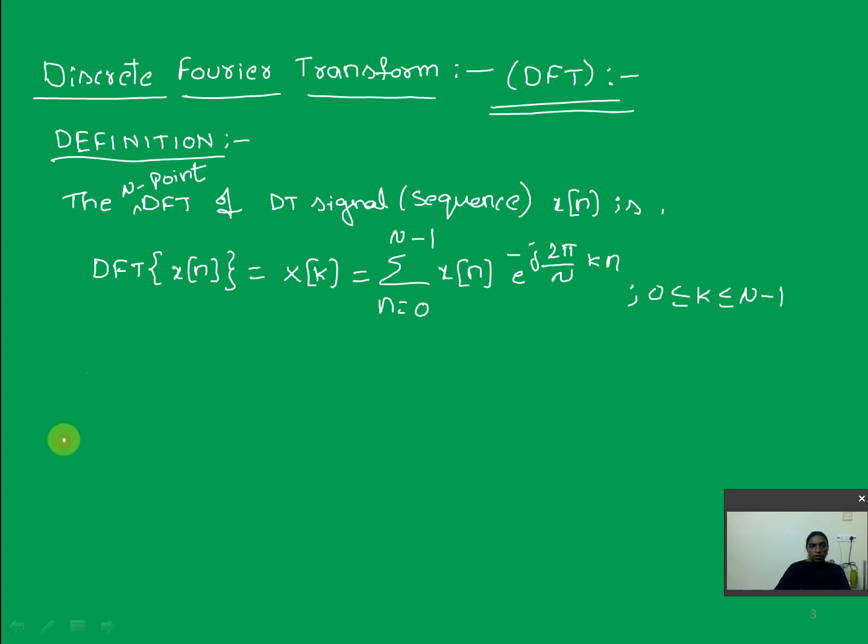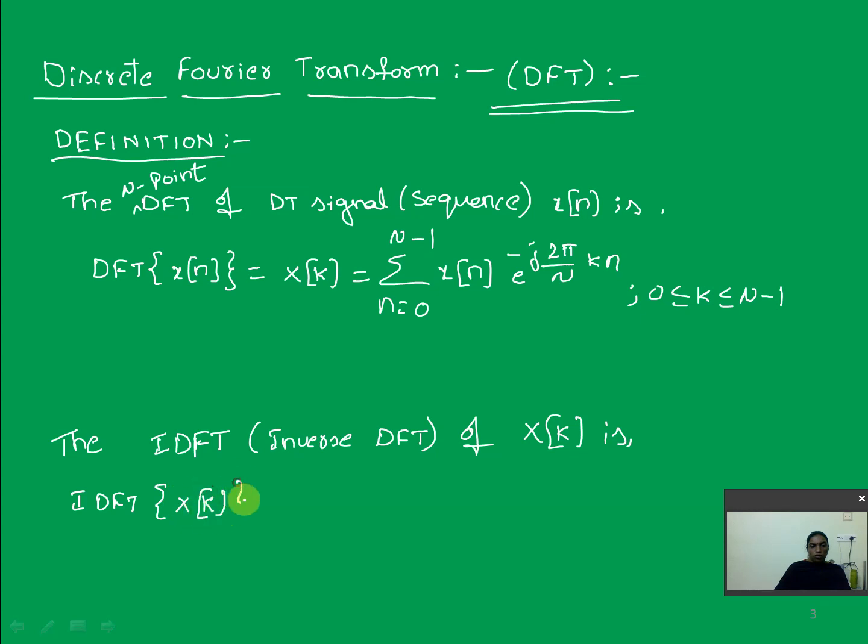In the same way, the DFT inverse form, that is IDFT, inverse discrete Fourier transform of the sequence X of k, is defined as IDFT of X of k is equal to x of n, equal to 1 by N summation k equals 0 to N minus 1 X of k e power plus j 2 pi by N kn.